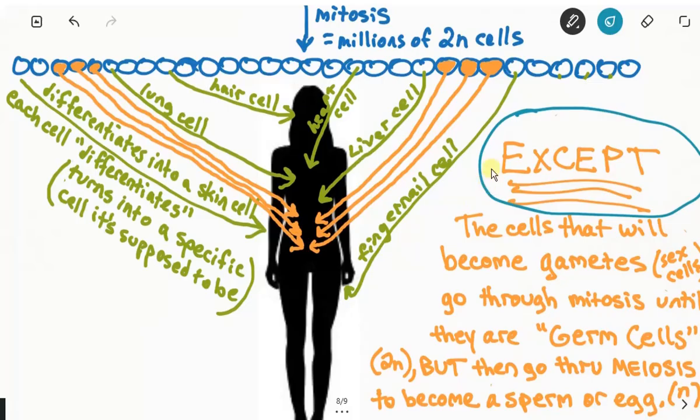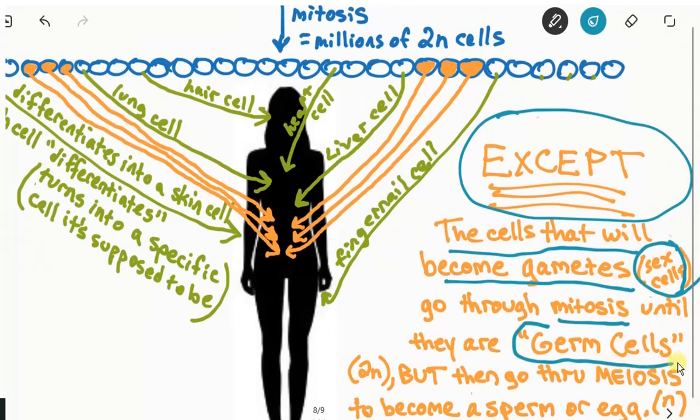quick. Instead of differentiation, the cells that are going to become gametes, which are the sex cells, the sperm and the egg, they turn into germ cells. They don't turn into liver cells, they don't turn into hair cells, they don't turn into skin cells.